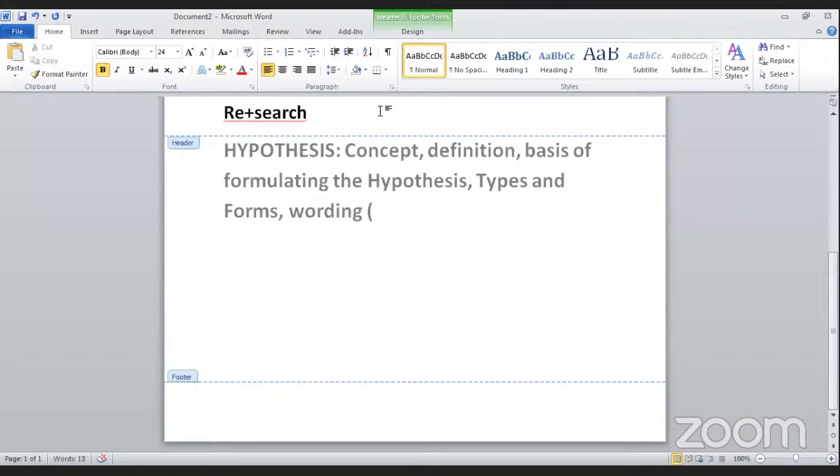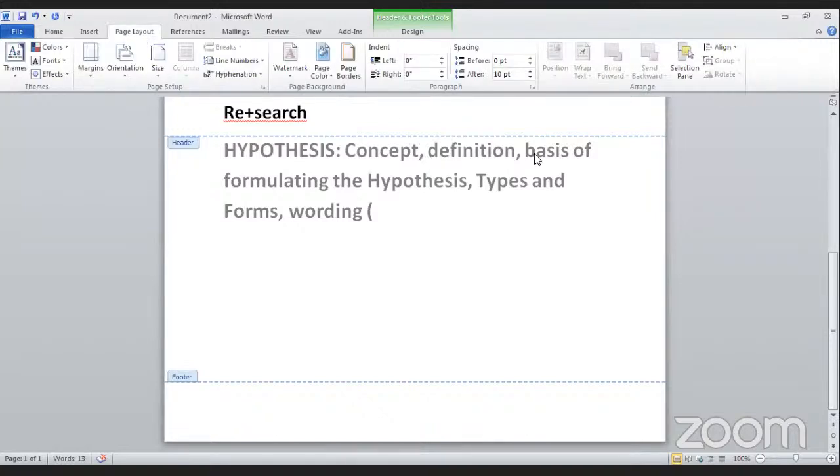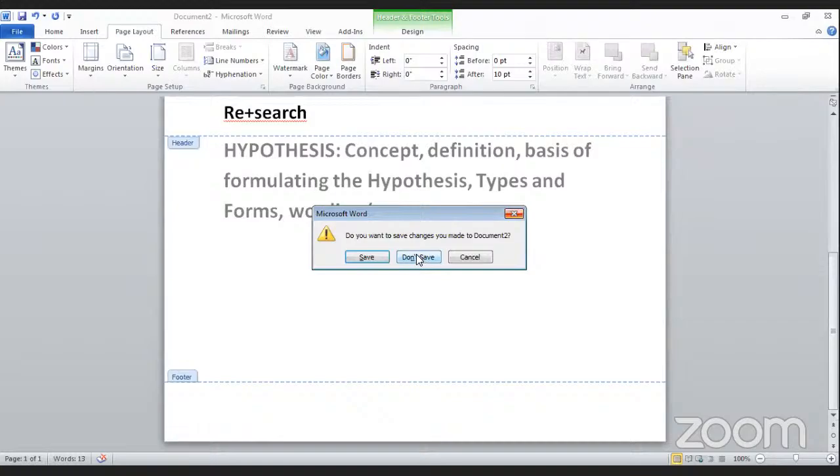I think there is, I do not know what exactly is the. I'm sorry, please, I'm just closing. Just double click on header, it will go. Just wait.